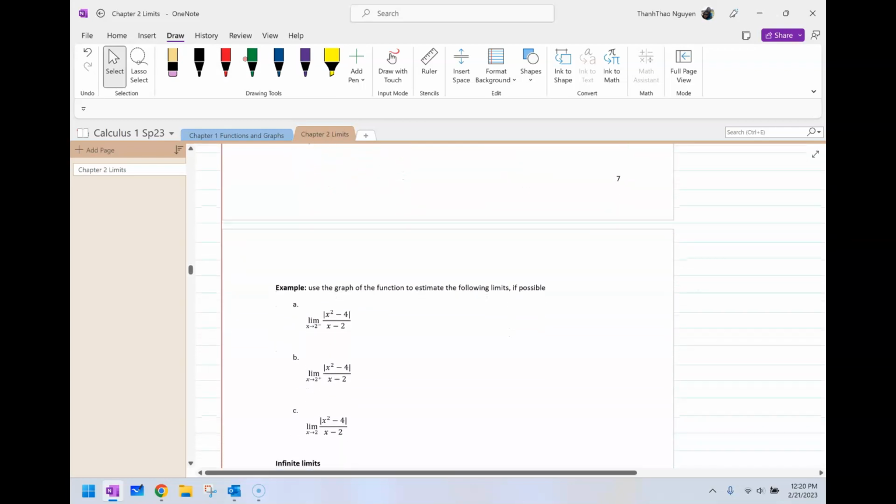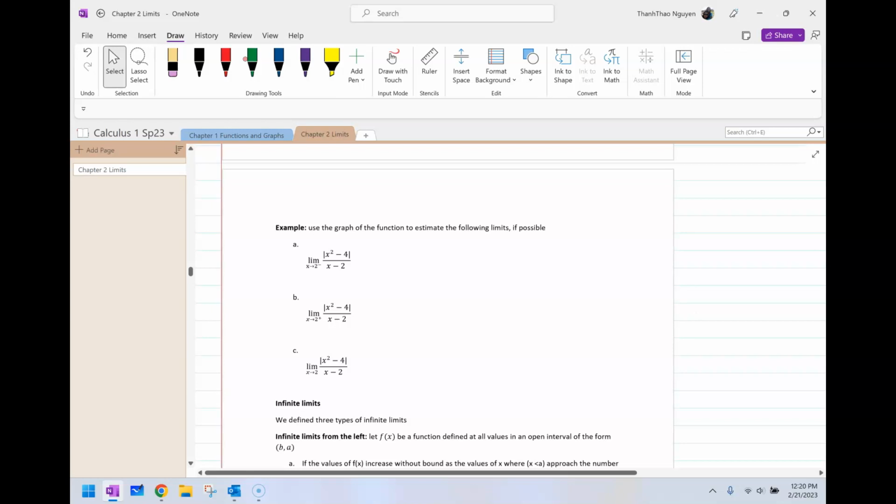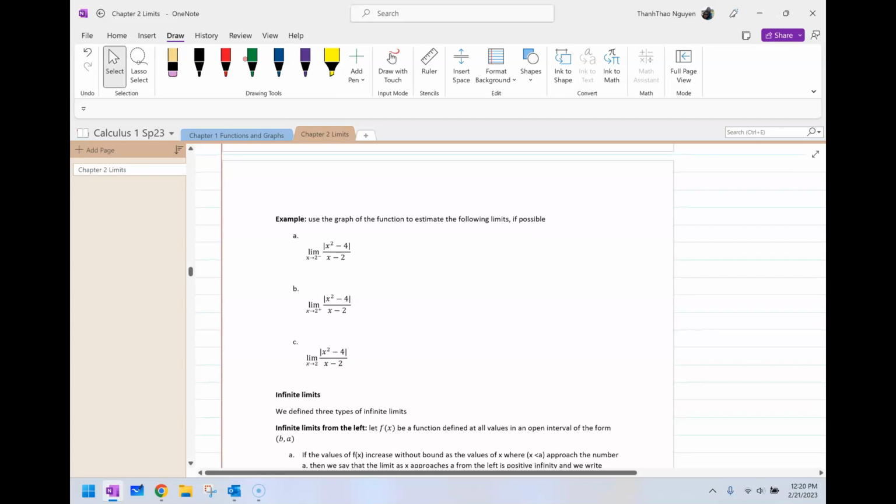Use the graph of the function to estimate the following if possible. Okay. So let's go ahead and plot this on the graph, and we go ahead and use Desmos.